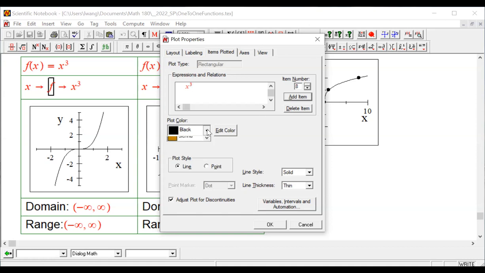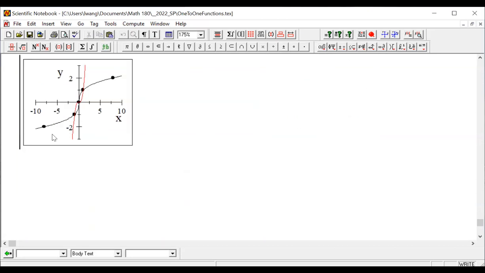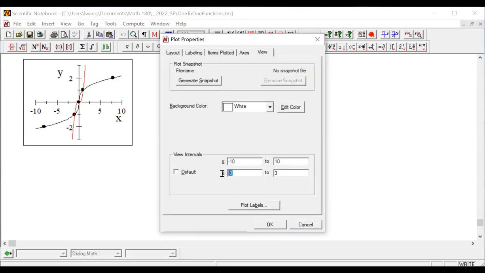I'm going to use a different color, red. Look at that. In this situation we don't see very well because the scales are different, so I'm going to make some adjustments so that the scales are comparable. That's how we see better.